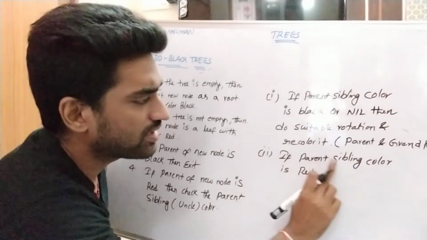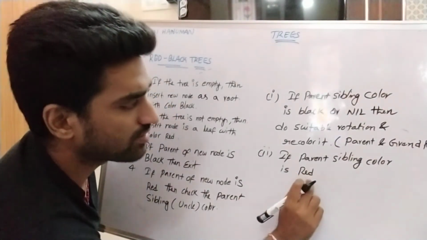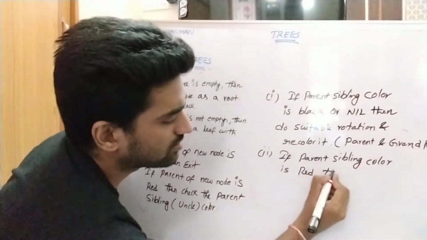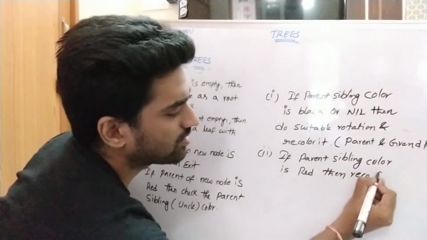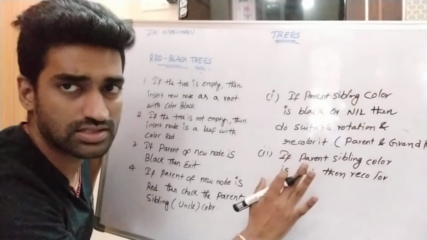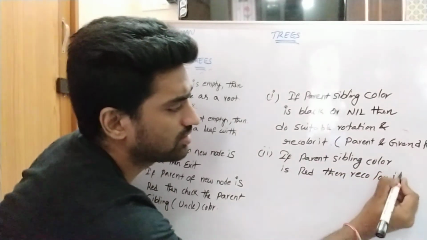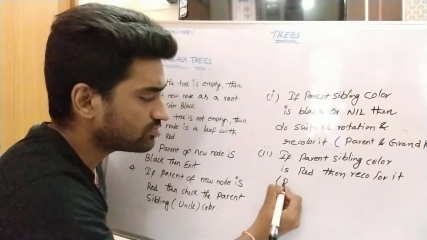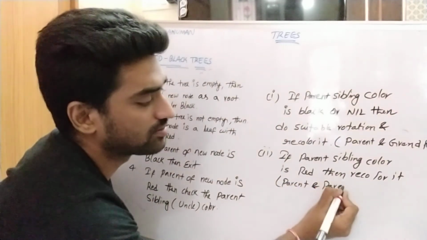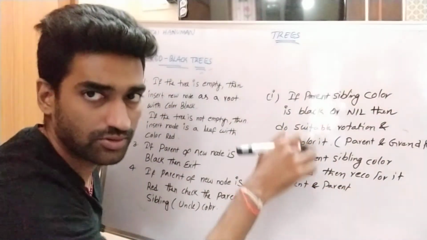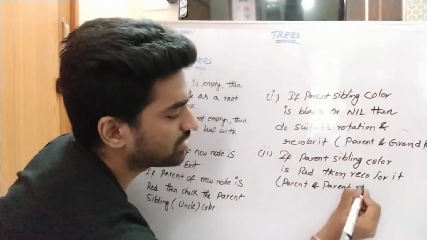If the parent sibling color is red, then recolor it. There is no need to perform rotations. Recoloring is on the parent and the parent sibling, that is the uncle of the node.